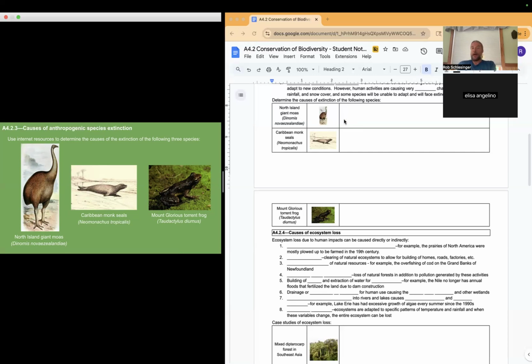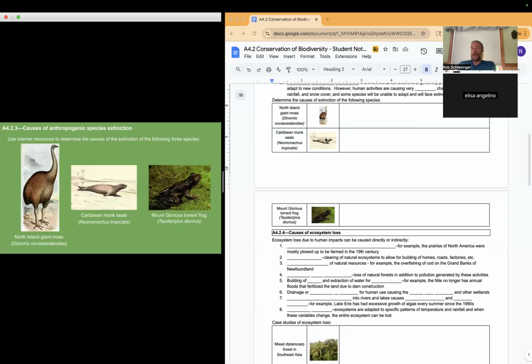Like these guys, the giant moas, sailors were looking for food, and these guys had never seen humans before. They would just walk up to sailors, and then the sailors would just straight up kill them. Same with the dodos. They were so unaccustomed to seeing people that they were super tame and totally fearless, and so that's good meat. So this was linked to a lot of sailing expeditions.